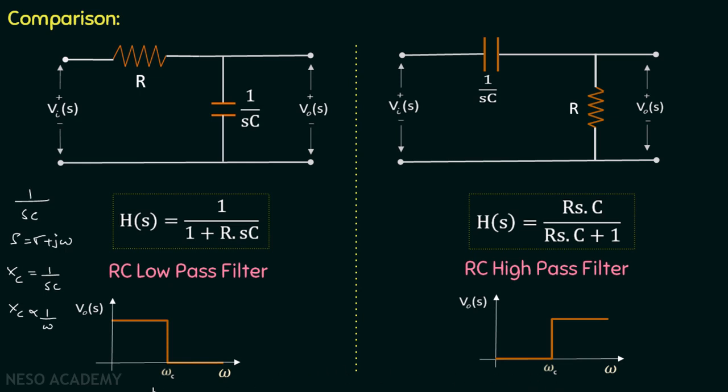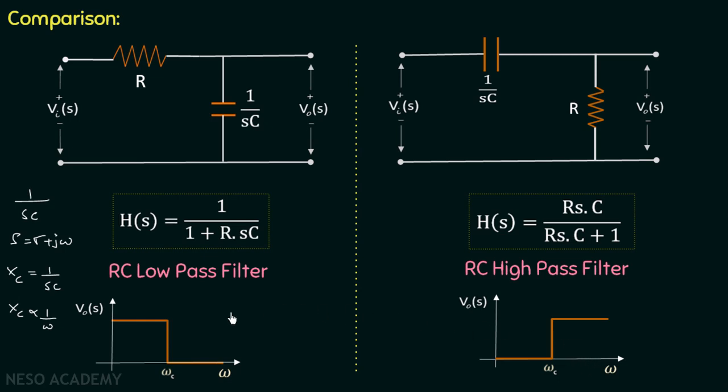Similarly, in case of the low pass filter, the highest frequency up to which the filter allows the low frequency signals is called the critical frequency. So we can observe that in case of the low pass filter, the critical frequency is the highest frequency, and in case of the high pass filter, the critical frequency is the lowest frequency. And it is the lowest frequency because after this frequency, the output is non-zero.